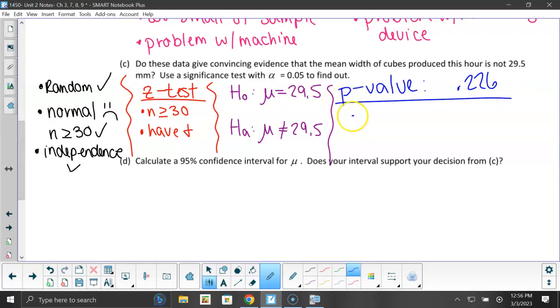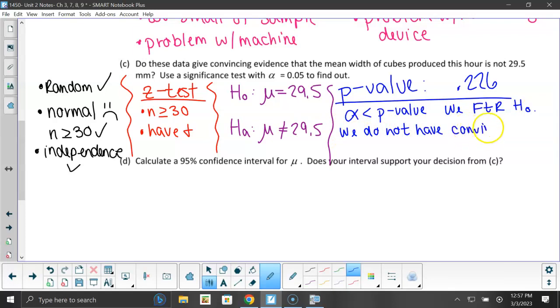All right, so alpha is definitely less than my p-value. So it is we failed to reject the null hypothesis, we do not.